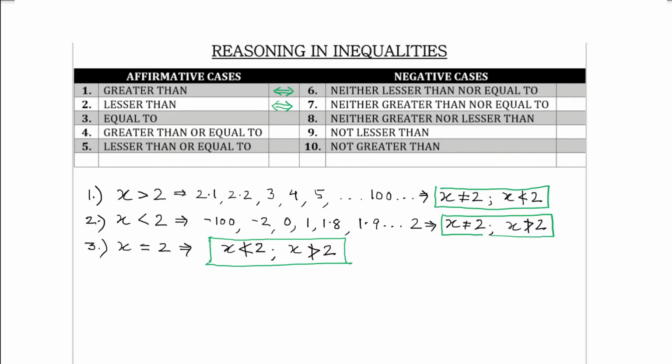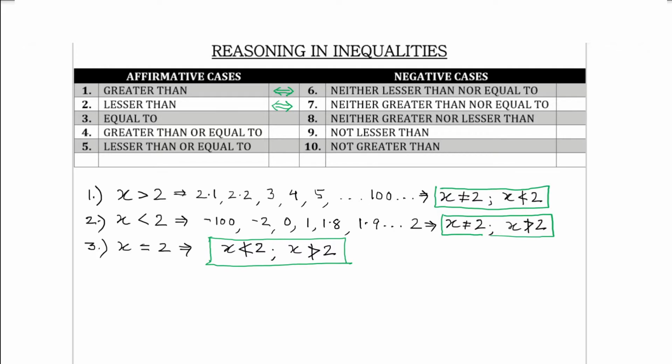Now talking about the third case, let me first present it in an affirmative manner. If I am saying that there is a person whose age is 2 years, here I am taking the value of x as 2 years. At the same time, I can present this affirmative statement in a negative way also. What is the way of presenting this affirmative statement in a negative way?